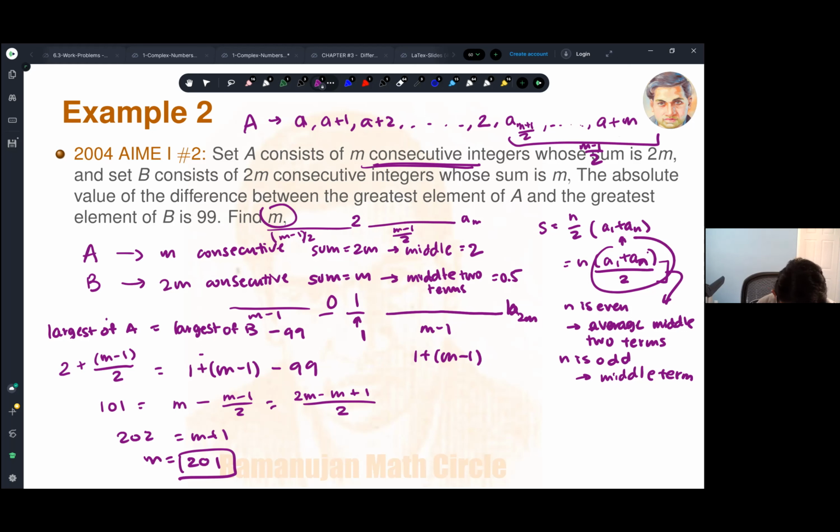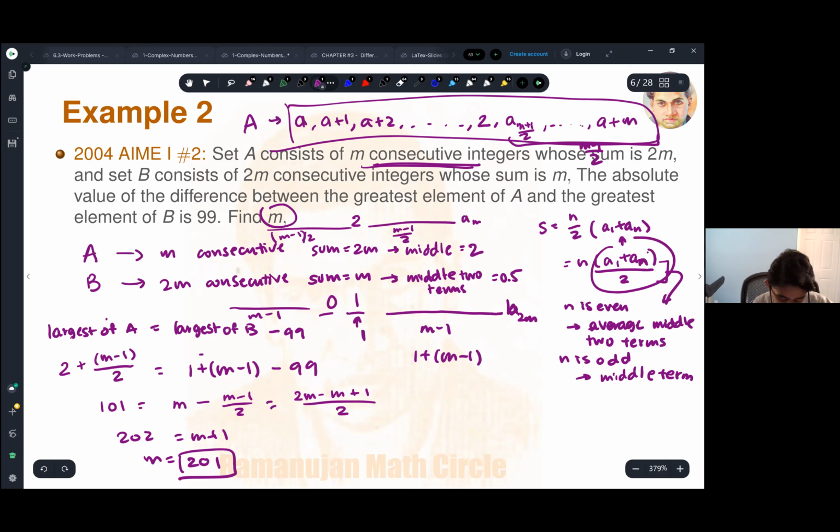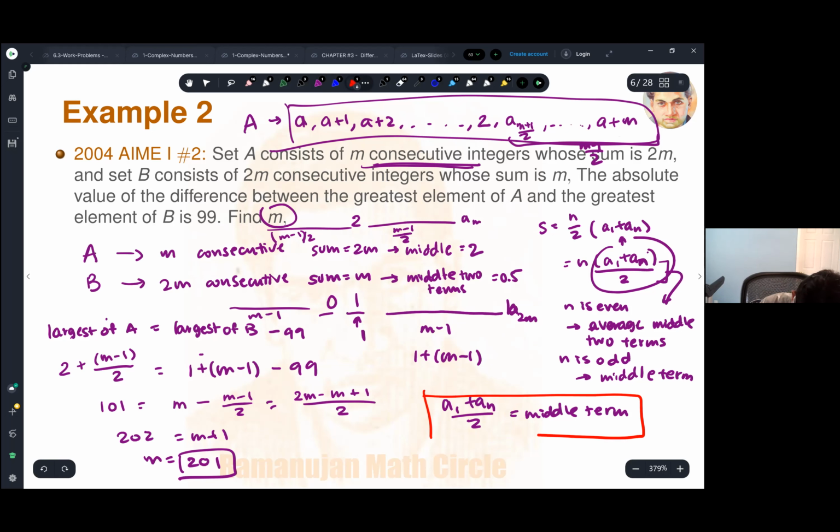You could definitely have written this as a more complicated series, but you want to try to avoid that. So you recognize the symmetry, and I think that's one of the biggest keys in this problem. And considering that the middle term is equal to the average of the two is something that you want to pay attention to, and I think this is a very important property to memorize.